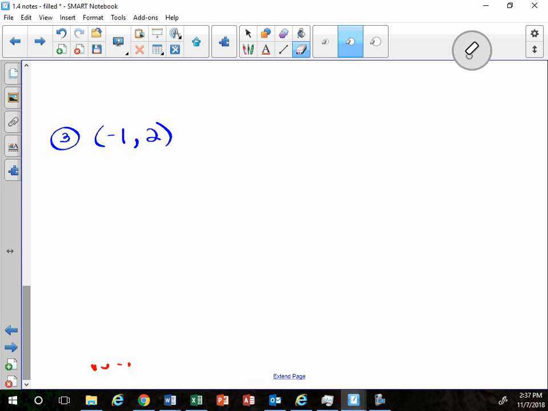Not a Pythagorean triple. So the angle is not a right angle? No, it's a right angle. It's just not a Pythagorean triple. Oh, right, you're going to have a radical in your hypotenuse.